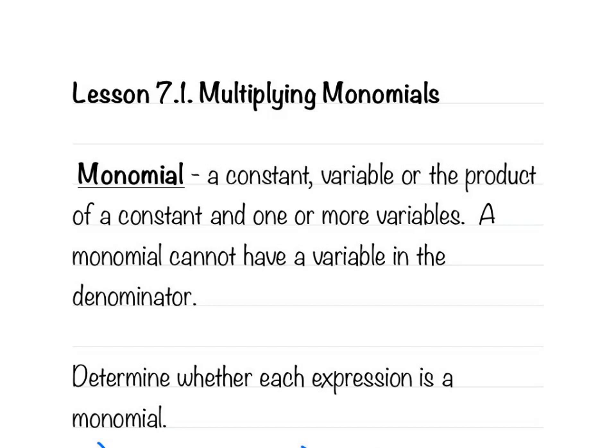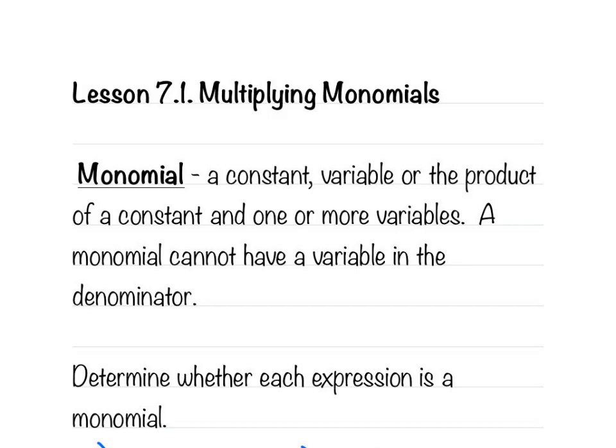So let's review these terms. A monomial is a constant. A constant is a plain number. It could be a positive number, a negative number, the number 0. It could be a rational number. A constant is a number. It does not contain a variable.